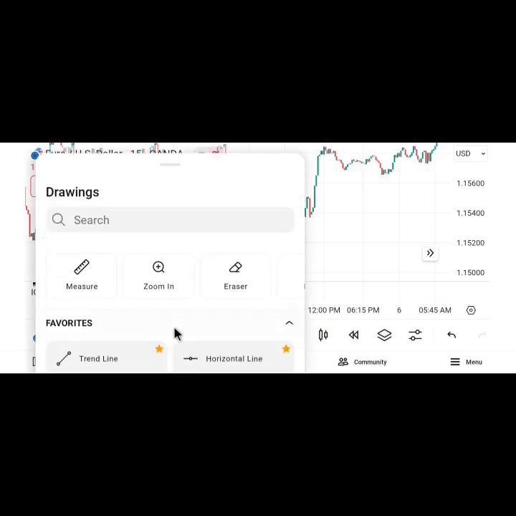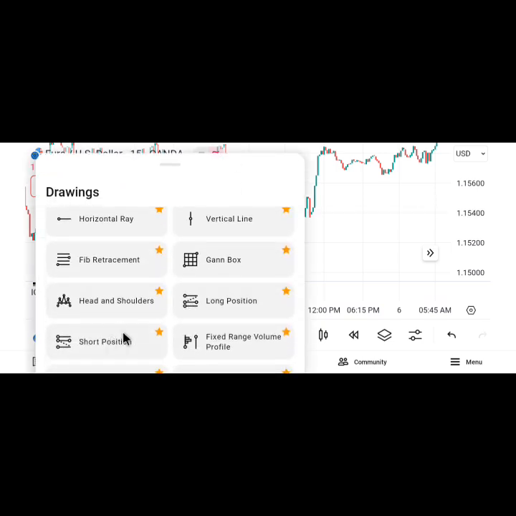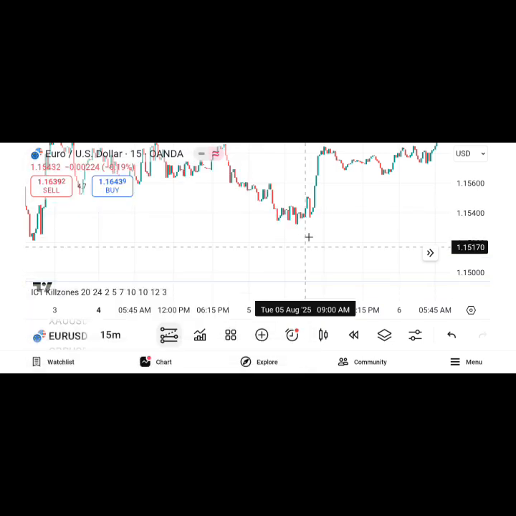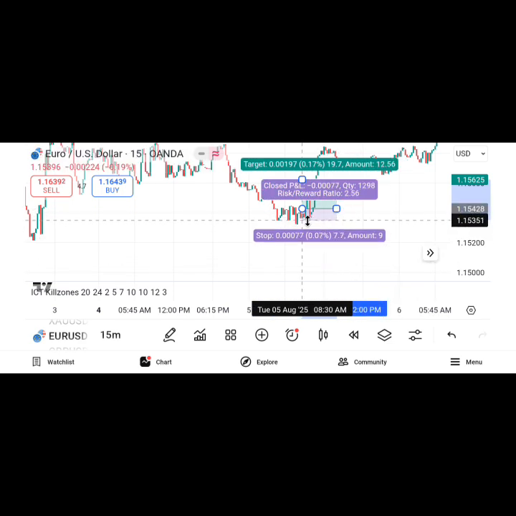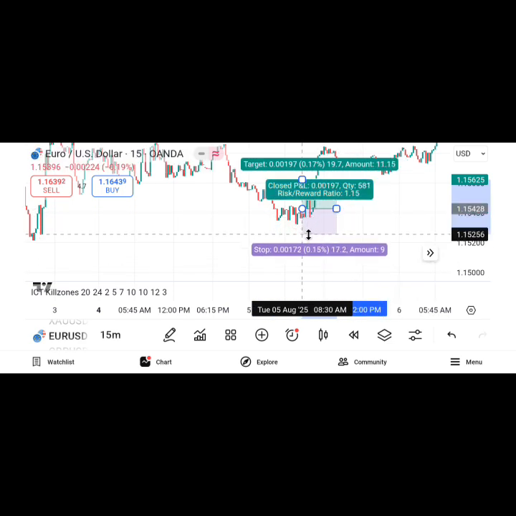Open the trade right here. Stops was below the wicks though.